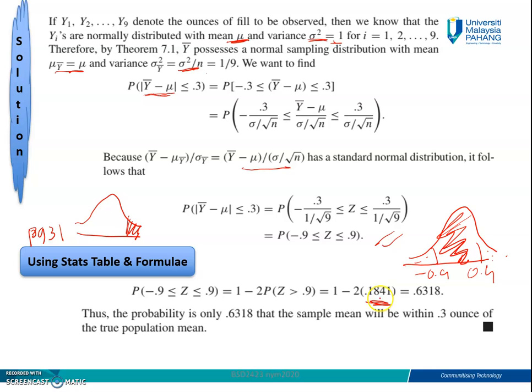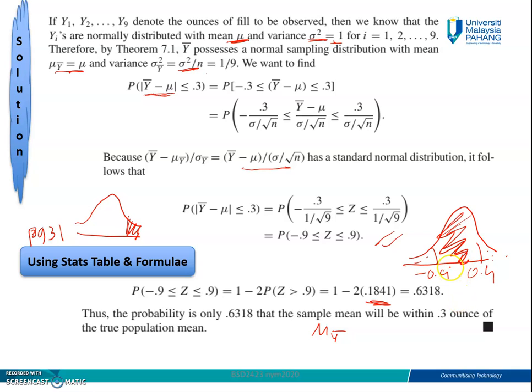Based on this concept, 1 minus 2 times this will be 0.6318. So the probability that the sample mean y bar will be within 0.3 ounce of the true mean is 0.6318.